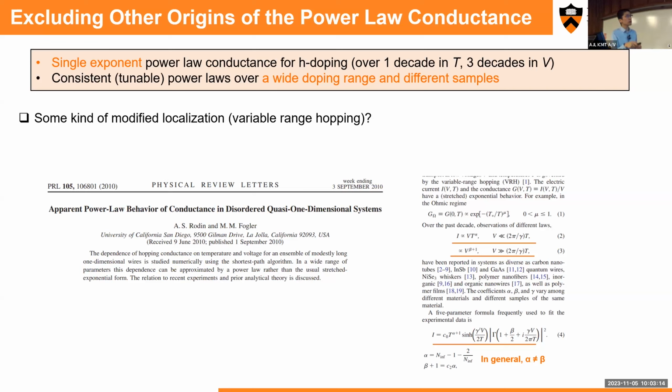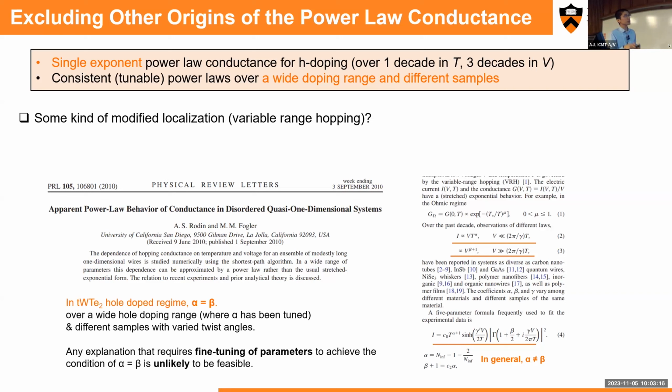But in all these papers, summarized by Sasha Fogler, as you can see in the prediction and also in this theoretical paper, in general, alpha will be different from beta, which is the power law of the temperature dependence versus the power law of the external bias. But in our situation, alpha is always the same as the so-called beta. So the temperature dependence and the external bias dependence always have the same power law number.